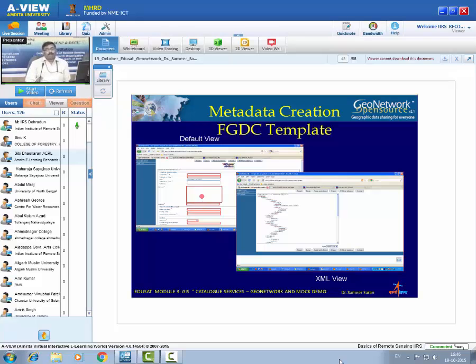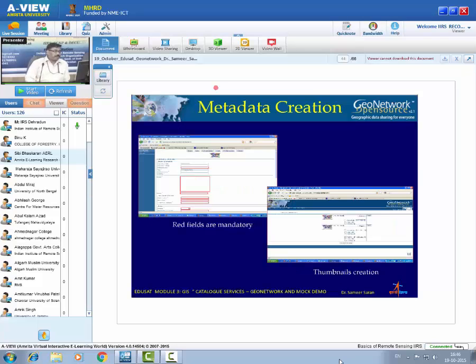If you see the entire metadata element, there are around 30-40 elements available, but it is not mandatory that you fill all the elements or sub elements. Within that there are some 8 to 9 sub elements which are mandatory. So these red ones are nothing but the mandatory elements which have to be filled whenever you want to put them on the web. This is the way you can put them, and then you can put the thumbnails and everything.